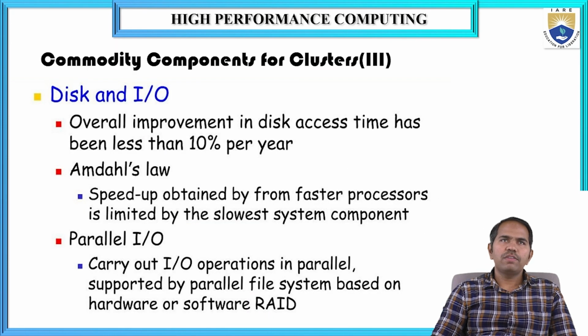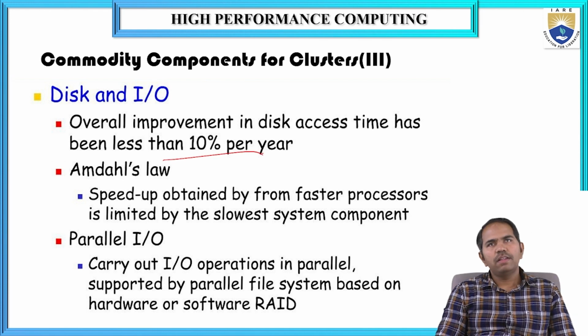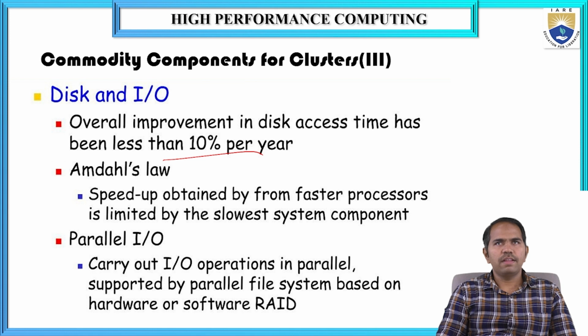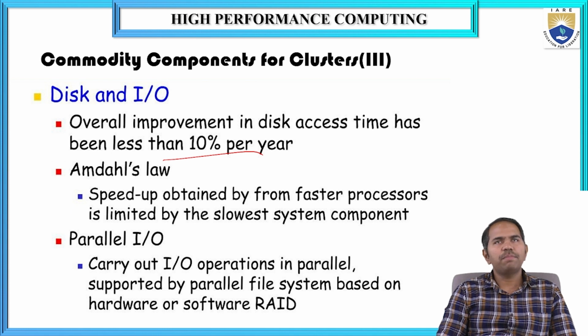Next we will focus on disk and I/O. Commodity components for clusters include disk and I/O also. Overall improvement in disk access time has been less than 10% per year.